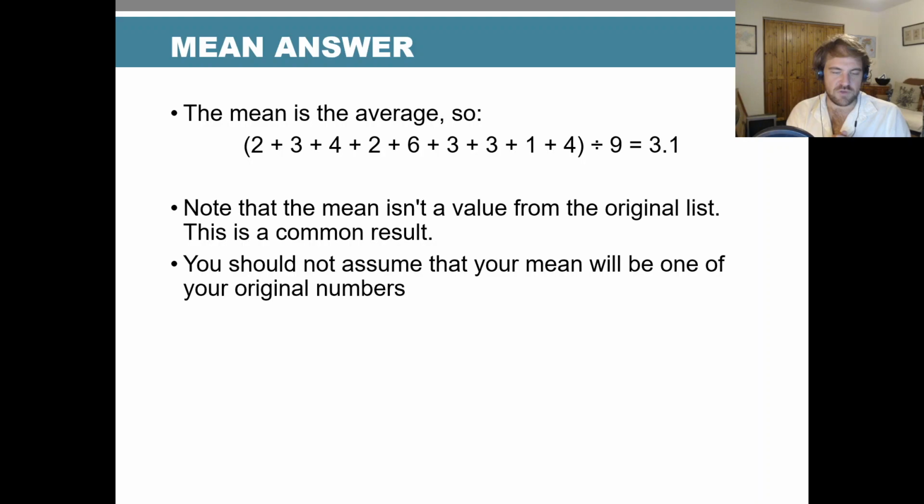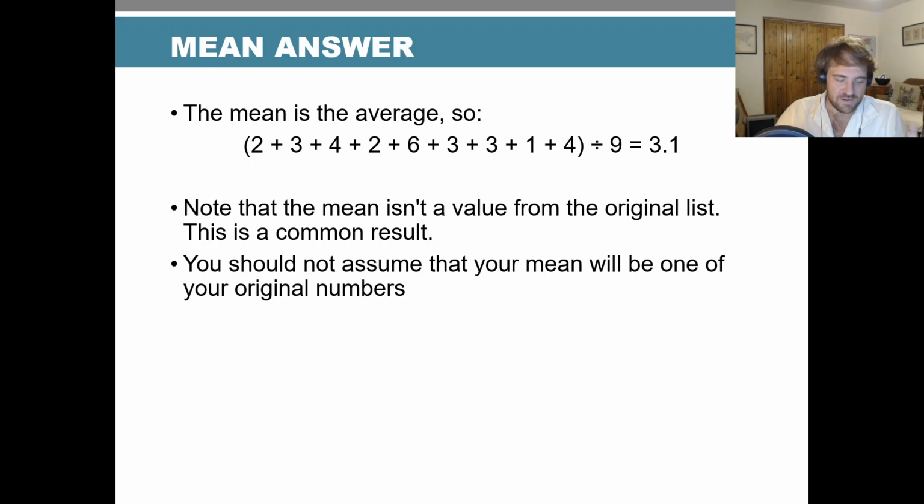When you're doing a mode, that's going to be one of your original numbers. When you're doing a median, sometimes it's one of your original numbers, unless you have, again, two values that you have to take the average of. But the mean, the arithmetic mean, likely isn't going to be one of your original numbers in the list. If it is, that's just a coincidence. Okay.